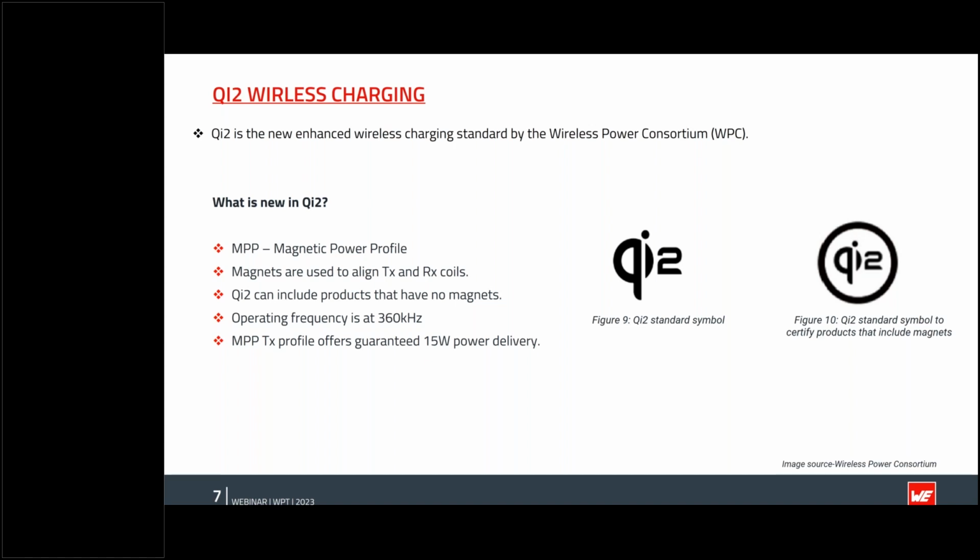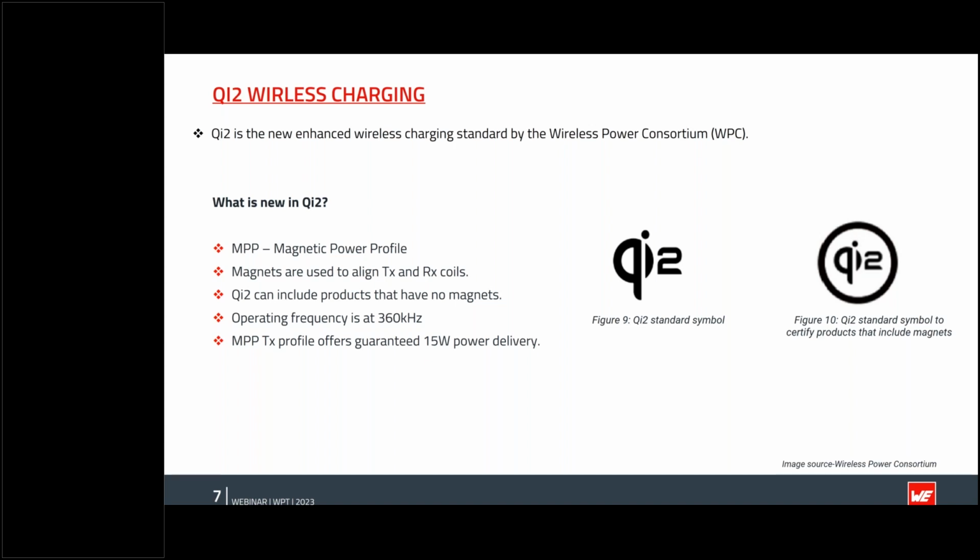In this case, the magnets are present on the transmitter and receiver coils, and they will help to align the two devices, your receiver and the transmitter, exactly on top of each other. But Qi 2 can also include products that have no magnets as well. And the operating frequency in this case is defined at 360 kilohertz instead of the 205 kilohertz that we observed in our Qi standard.